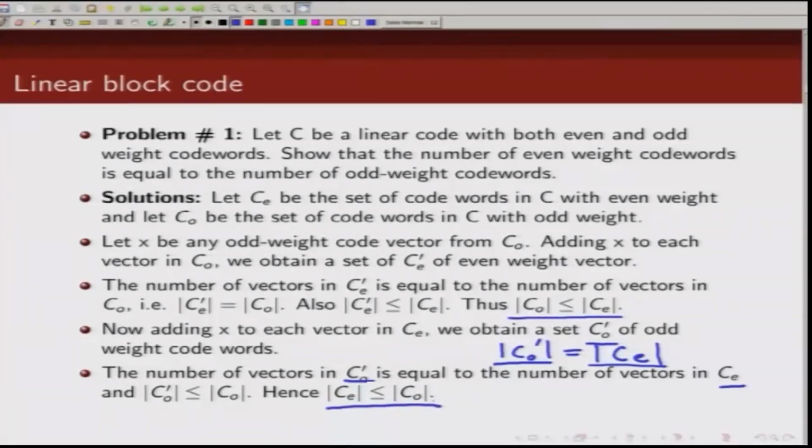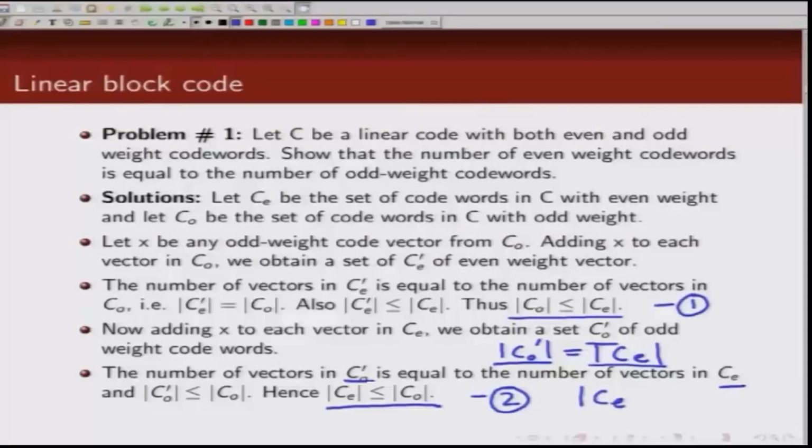Both of them can be true only if the number of elements in C E is the same as the number of elements in C O. Hence we prove that in a linear code with both even and odd weight code words, the number of even weight code words is the same as the number of odd weight code words.